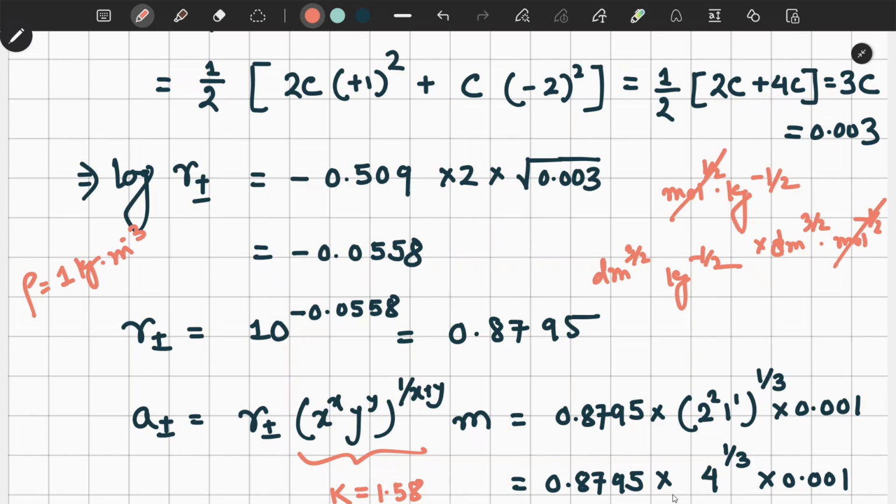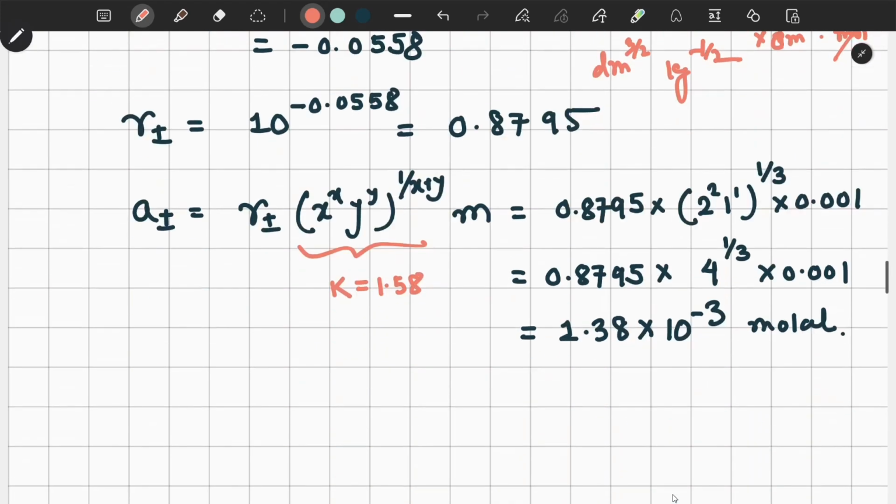That means if the weight is 1 kg, it is actually 1 meter cube, right? And one meter is 10 decimeter, so it is 10 to the power 3 decimeter cube. Or am I doing something wrong? Just do it explicitly.